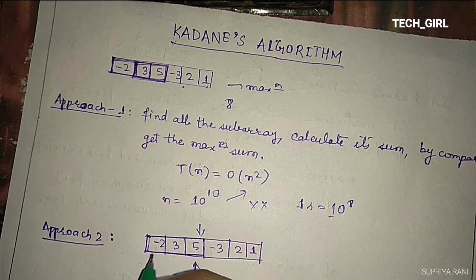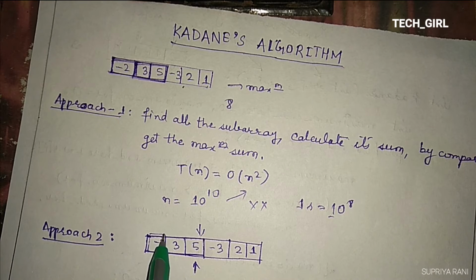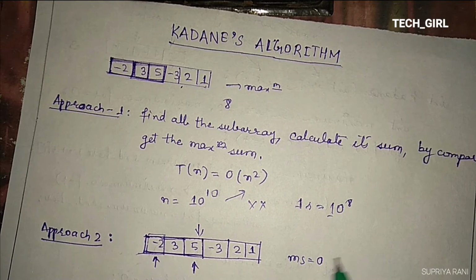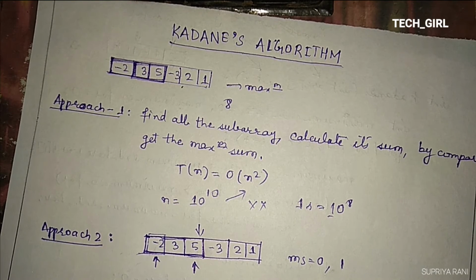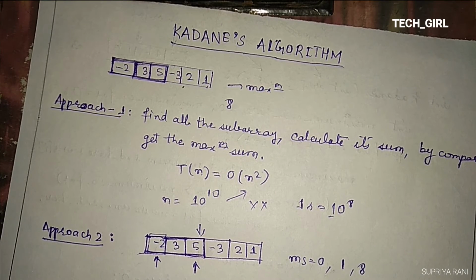So suppose initially my ith index is at this place. I'll try to find out what the maximum sum possible is. So the maximum sum possible is 0, right? Now I'll come to this. I'll try to find out the maximum sum possible. So now the maximum sum possible is 1. I'll come to this point. Now what is the maximum sum possible? Now the maximum sum possible is 8, because this is a subarray possible. So in this way, Kadane's algorithm works.